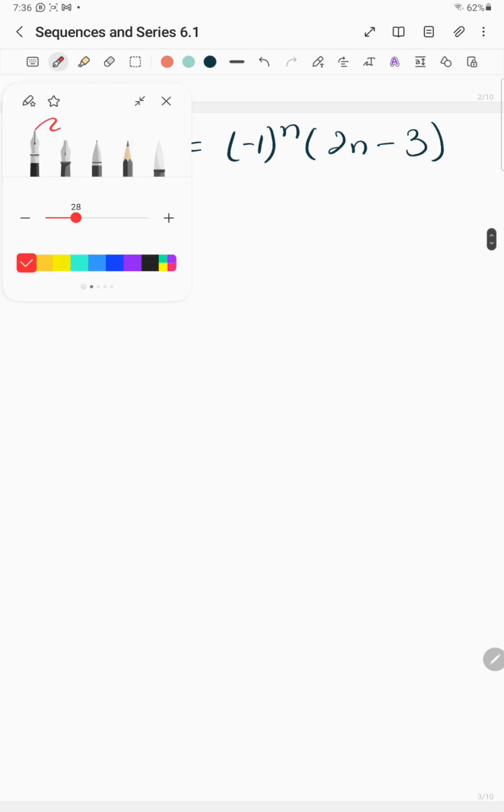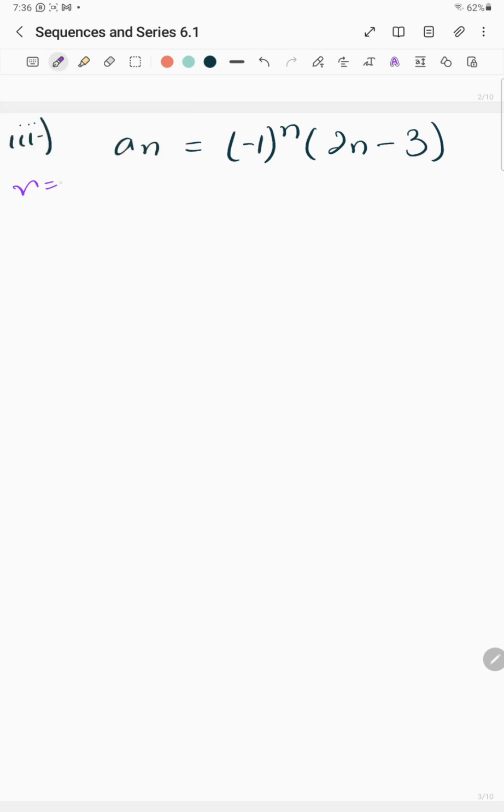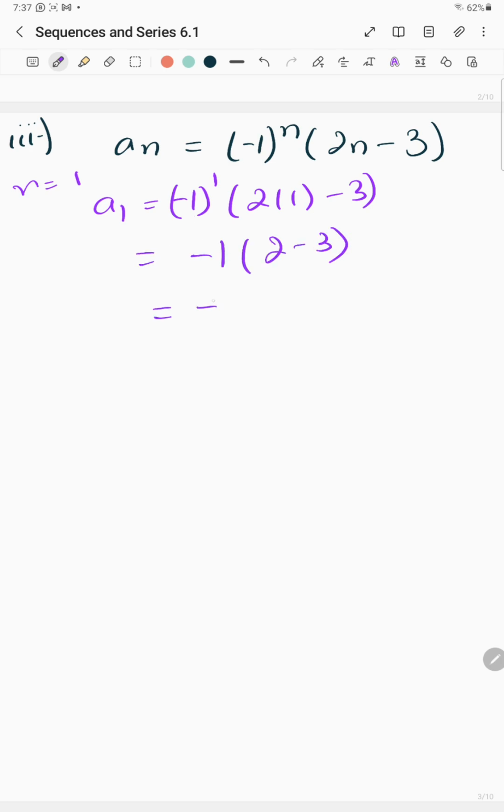Question number 3. Put n is equal to 1, 2. -1 to the power 1 into 2 into 1 minus 3, -1 into 2 minus 3, -1 into -1, which is equal to +1.